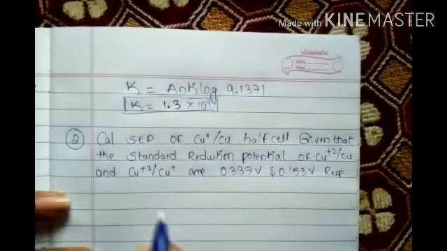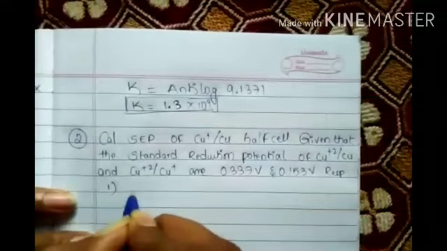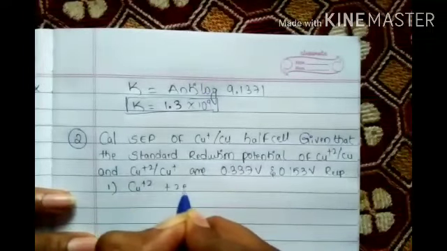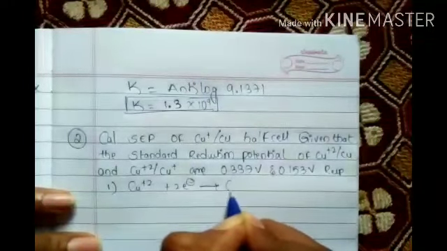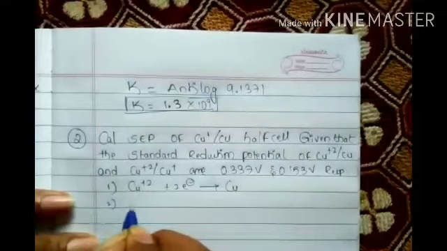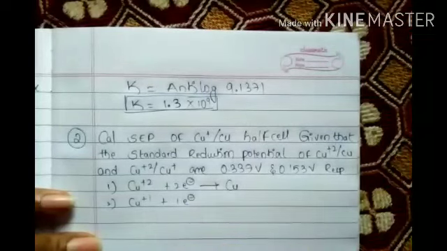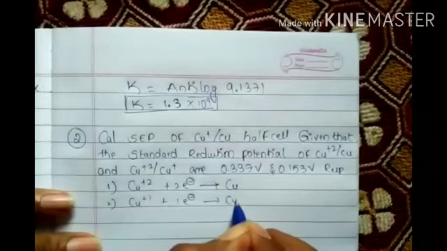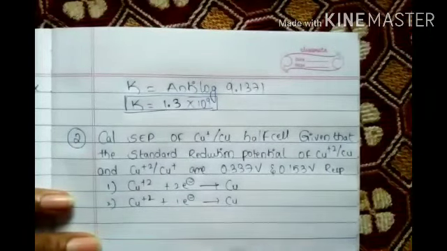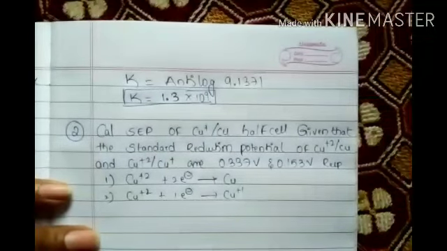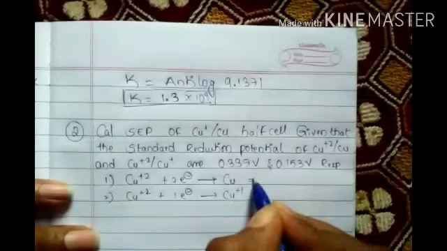So now let's take equation number 1. Cu2+ is gaining 2 electrons, it becomes Cu. And Cu2+ is gaining 1 electron, it becomes Cu+. Okay, this only is telling 2.